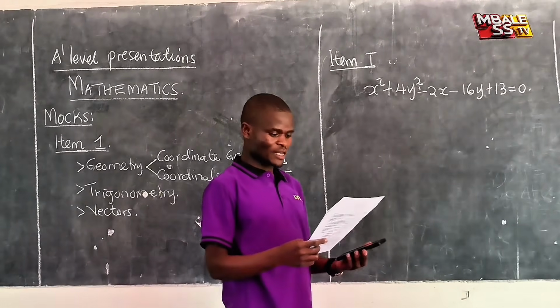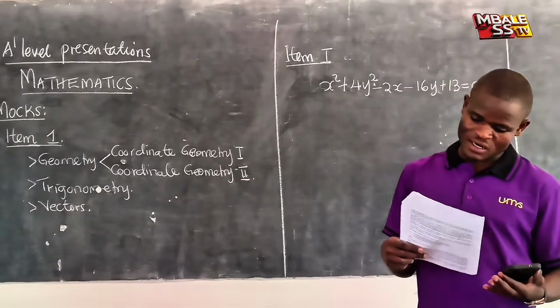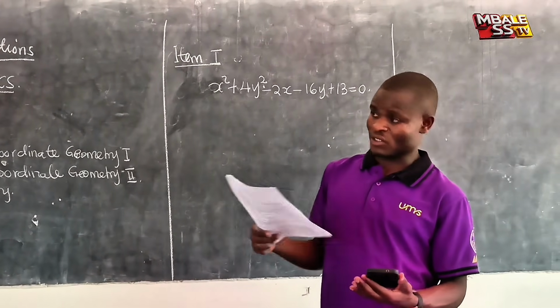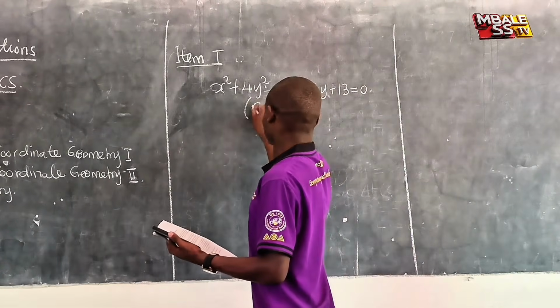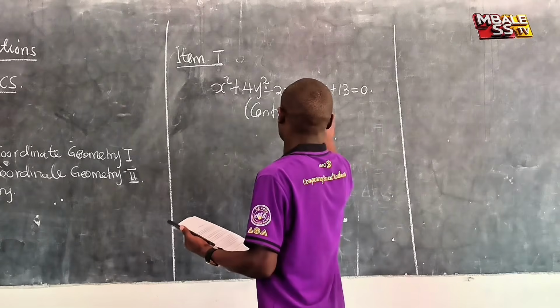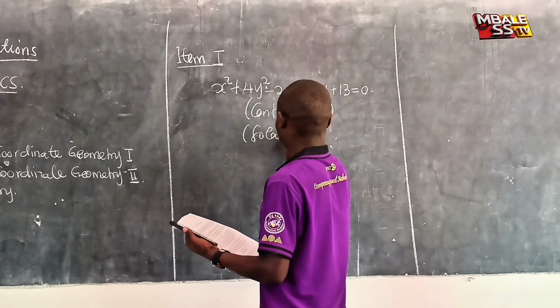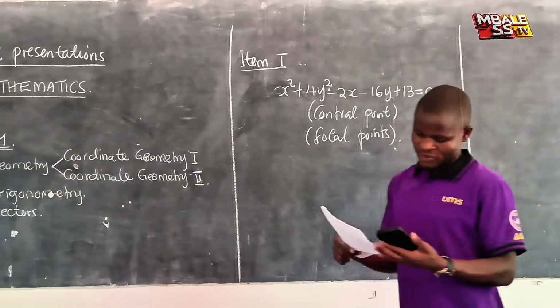This curve represents an ellipse, and they are saying that to balance the construction and design, the main field will be made at the central point of that. So they want us to find the central point, and they also want us to find the focal points. That is for the first paragraph we've read.